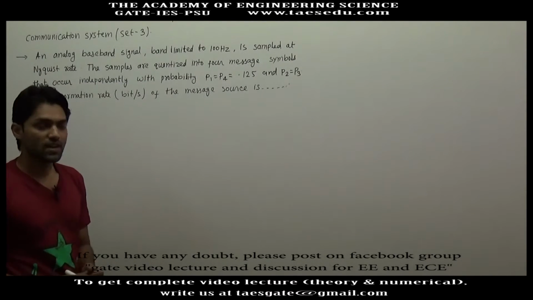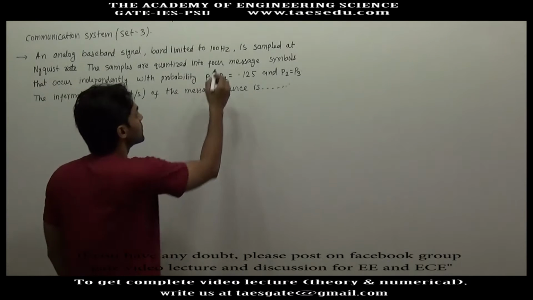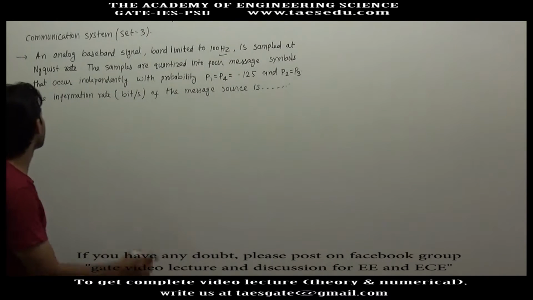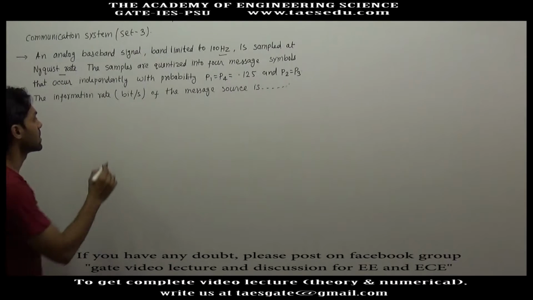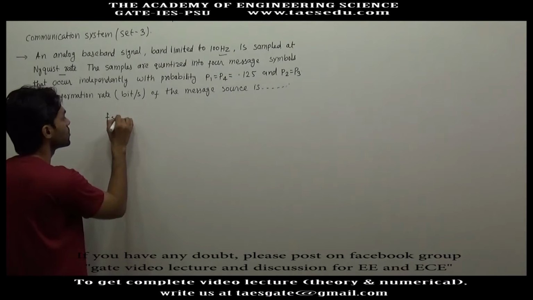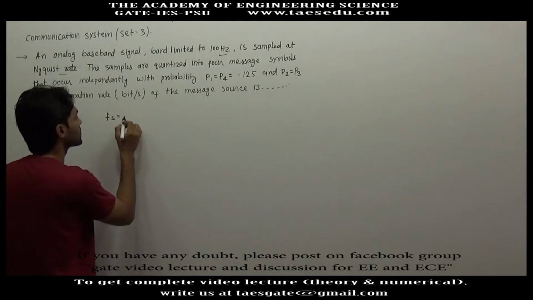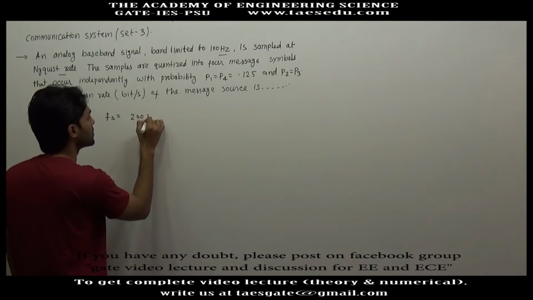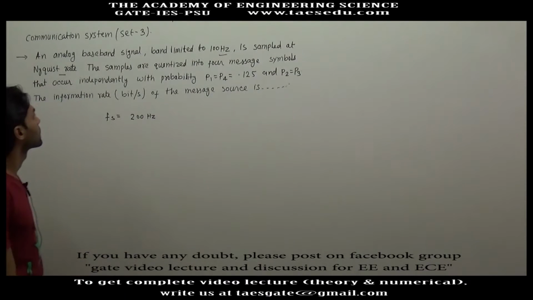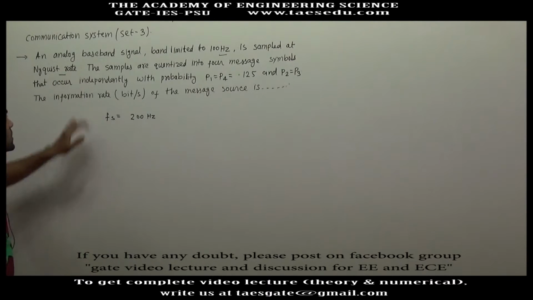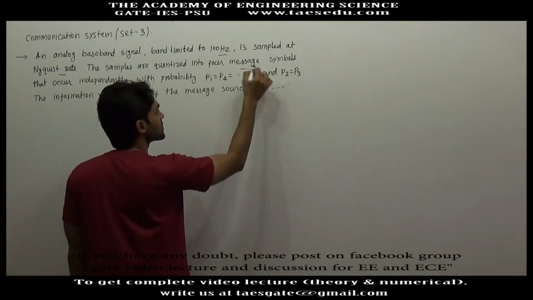An analog baseband signal is band limited to 100 Hz and it is sampled at Nyquist rate. So the sampling frequency will be 2 times the maximum frequency content of the baseband signal, which is 200 Hz. The samples are quantized into 4 message symbols.